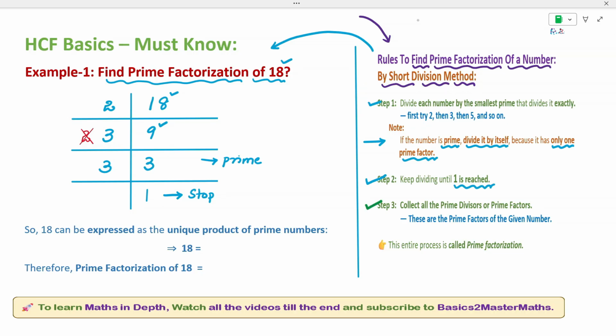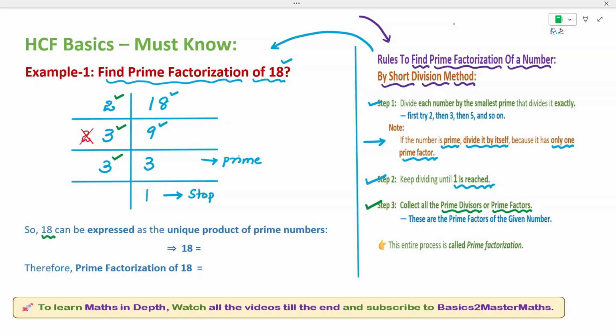Finally, collect all the prime divisors or prime factors. In this case, they are 2, 3 and 3.